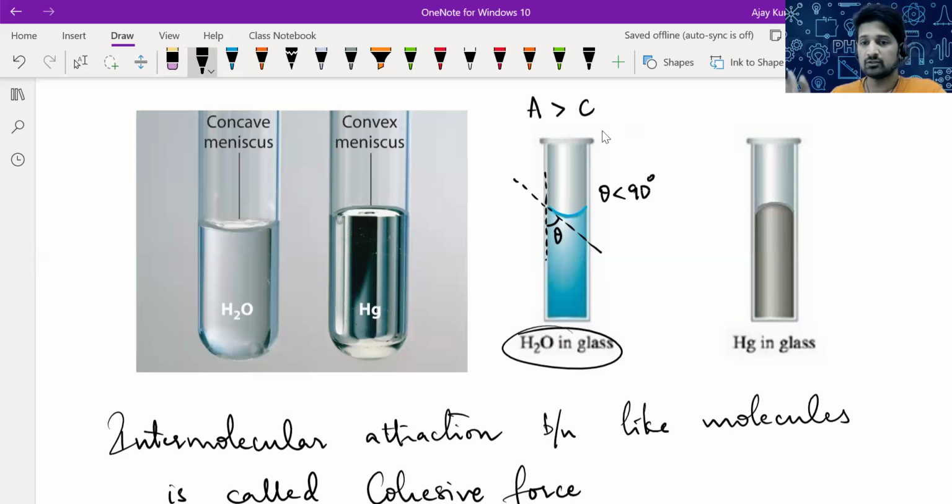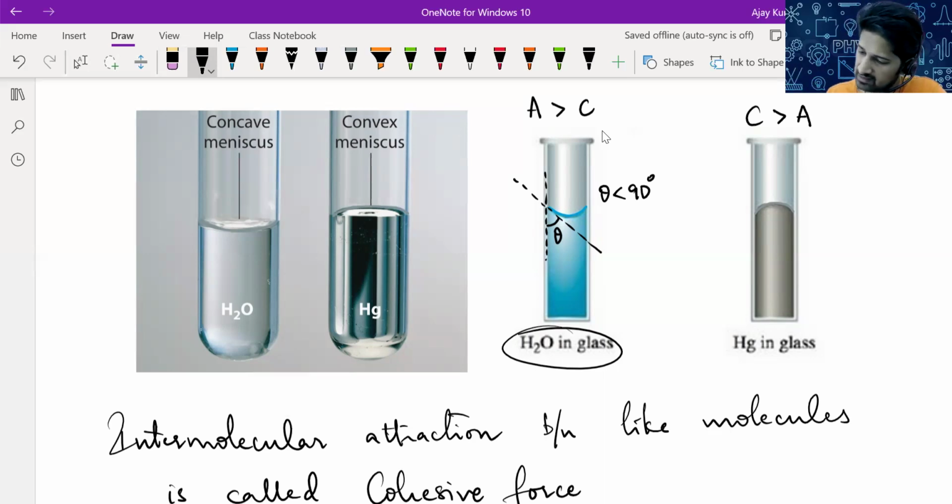Now, in case of mercury and glass, what happens? Mercury-mercury attraction is many times stronger than mercury-glass attraction. So cohesive forces are much stronger than adhesive forces. If cohesive forces are stronger than adhesive forces, the liquid will try to stay away from the surface with which it is in contact. It's like mercury is trying to stay away from glass.